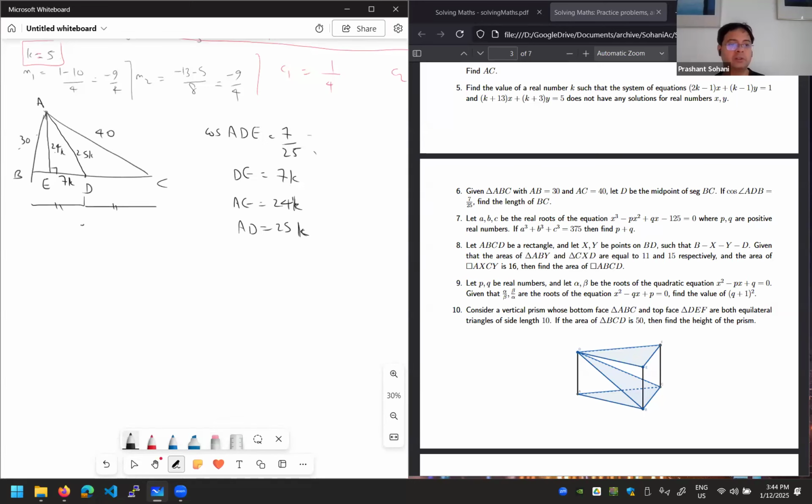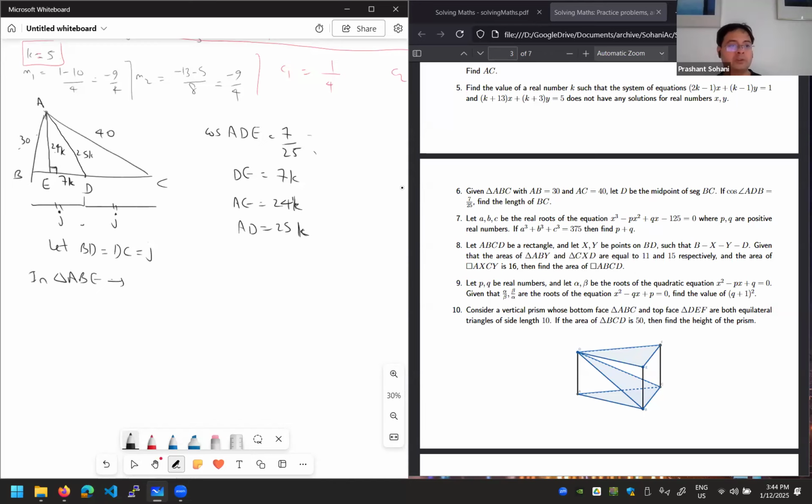K is used, so let us say J. So let BD and DC be equal to J, and this ratio is K. So we have to find the equations for J and K. And for that, what we'll make use of is this perpendicular AE, because of which we can use the Pythagoras theorem in triangle ABE.